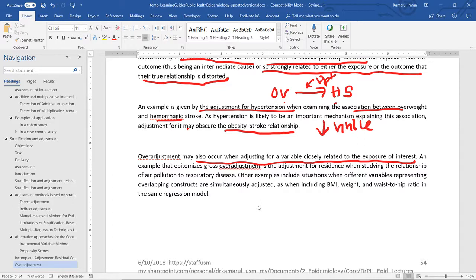For example, adjustment for residence when studying the relationship of air pollution to respiratory diseases. Another example: you include BMI, weight, and waist-hip ratio in the same regression analysis. That is also considered over-adjustment.